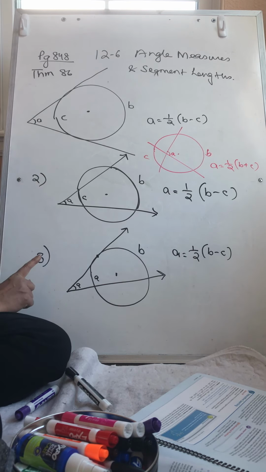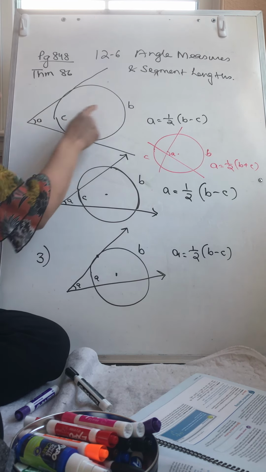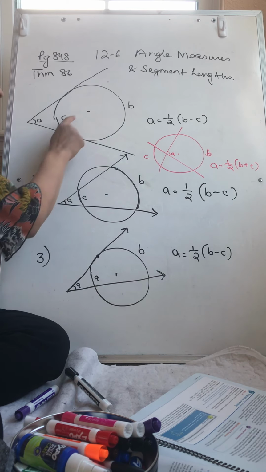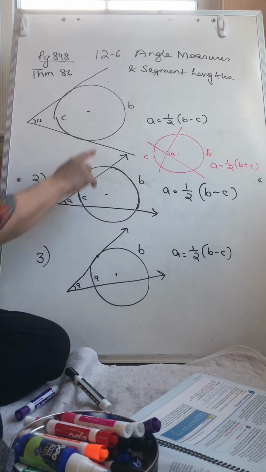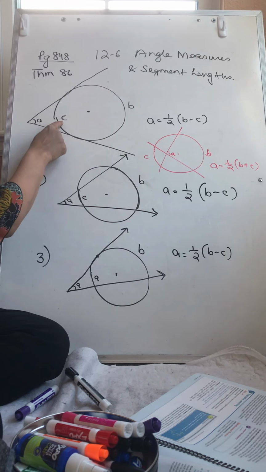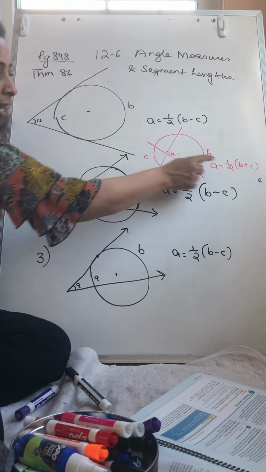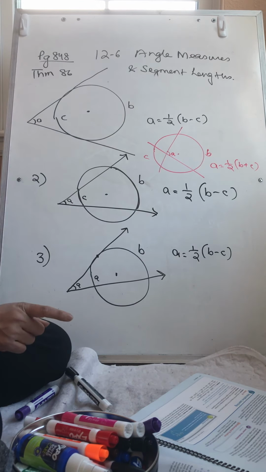In all 3 cases, the angle which is outside will still be half of the measure of the intercepted arcs, but now it will be the difference. So in these 3 cases, it's going to be major arc minus the minor arc, half of that. Only when it's inside, it's going to be the sum.